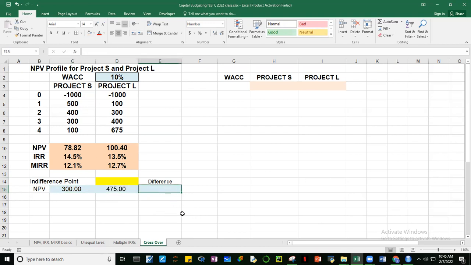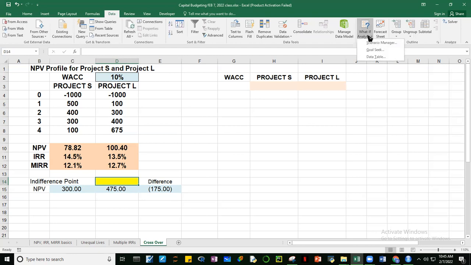Okay. So we get the difference between the NPV of Project S and Project L. Okay? So ang ginagawa natin guys dito, papahanapin natin kay Excel to, ano tong indifference point na to? Ano tong IRR na to na pareho lang silang NPV, no? Okay, so how do we compute for that? Okay, we will compute for that if you recall using data and then what if analysis and then goal seek.